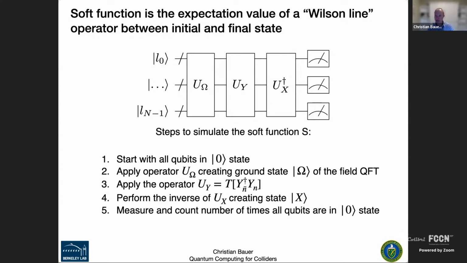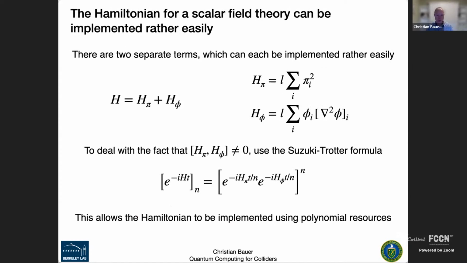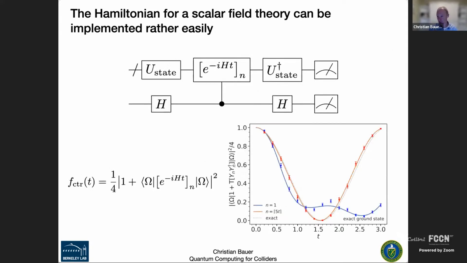And that gives you the non-perturbative soft function. Now, in order to do this, I have a few more details here on how to actually do this. We use a Suzuki-Trotter implementation of the Hamiltonian. So there are various technical details to get this done, but it is actually possible.